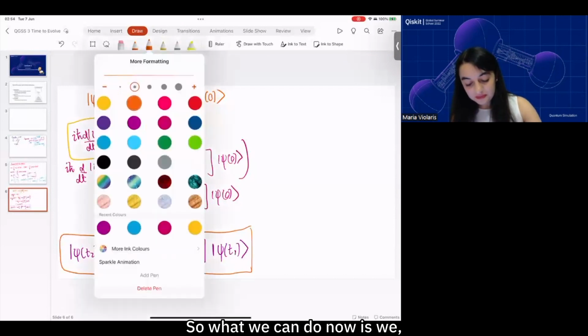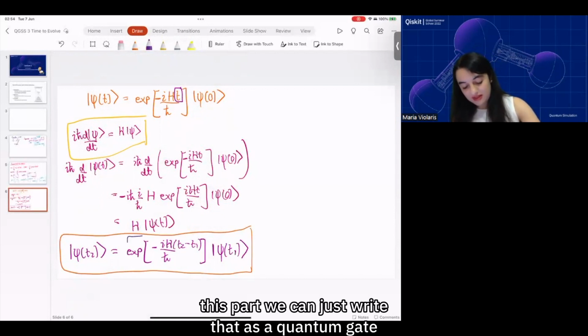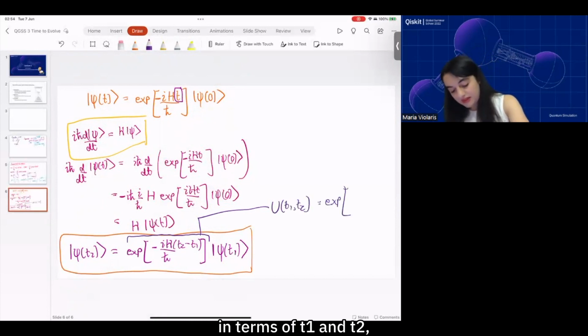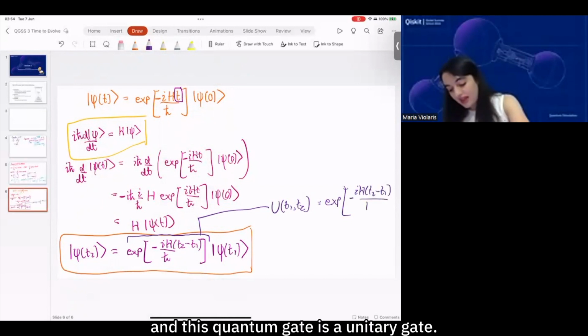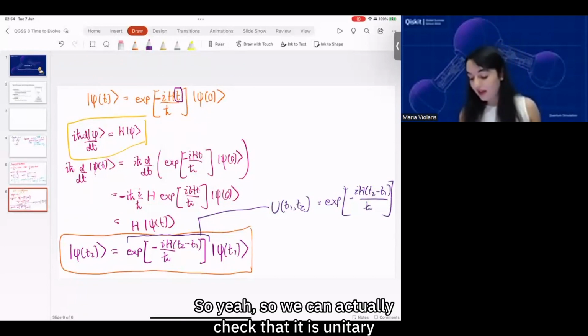So what we can do now is write this part as a quantum gate in terms of t1 and t2. And this quantum gate is a unitary gate.